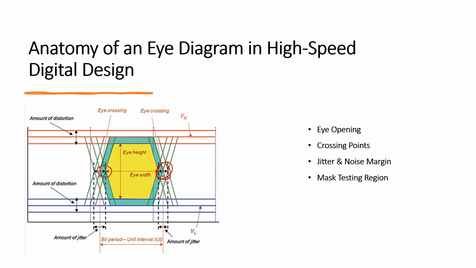First is the eye height, then the eye width, then the unit interval and the amount of jitter. So in a nutshell, an eye diagram in high-speed digital designs provides us the detail about your timing errors as well as your noise level errors.